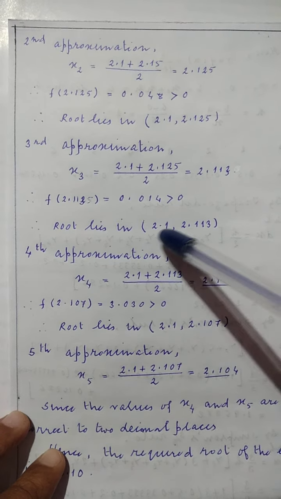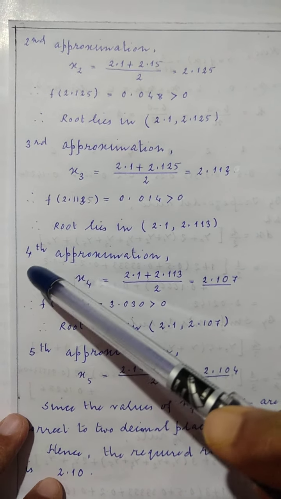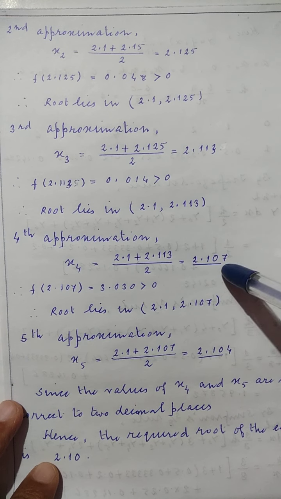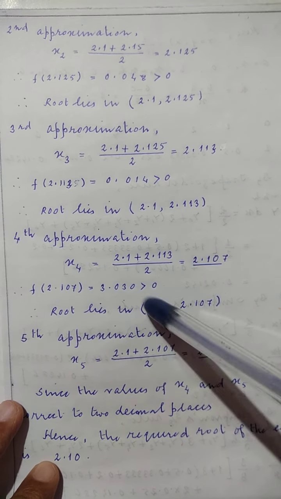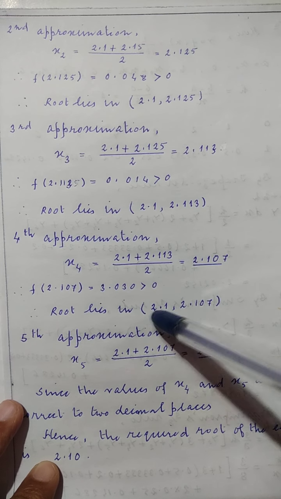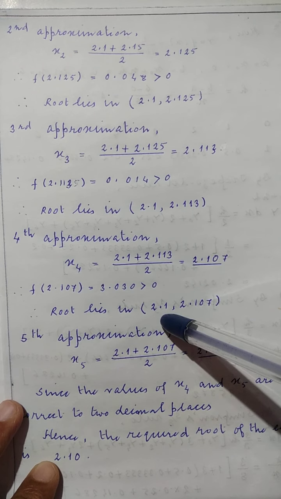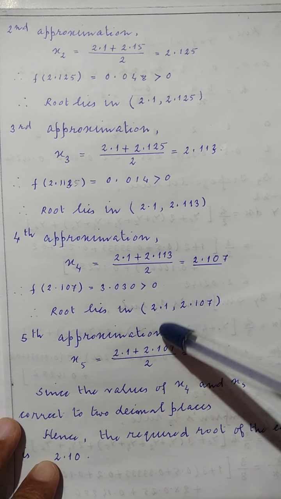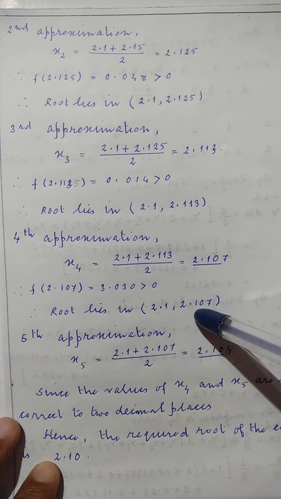Now the fourth approximation, x4, you will get 2.107. Find f of x4, you will get a positive value. So again the root lies between 2.1 and 2.107.